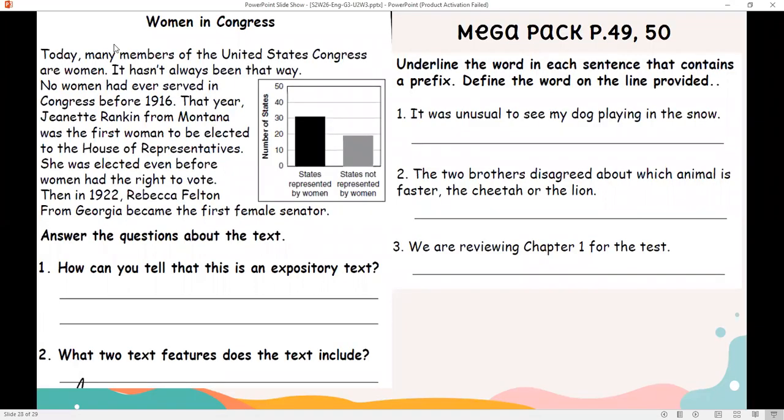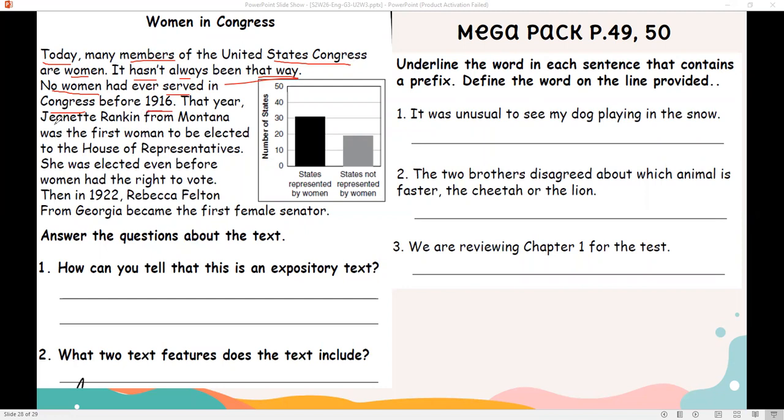Let's do some exercise about the genre. Women in Congress. Here we have a bar graph. Today, many members of the United States Congress are women. It hasn't always been that way. No women had ever served in Congress before 1916.